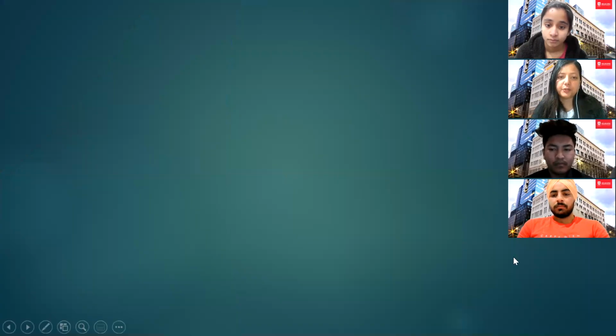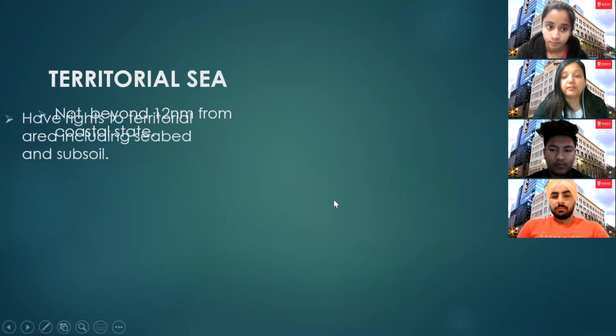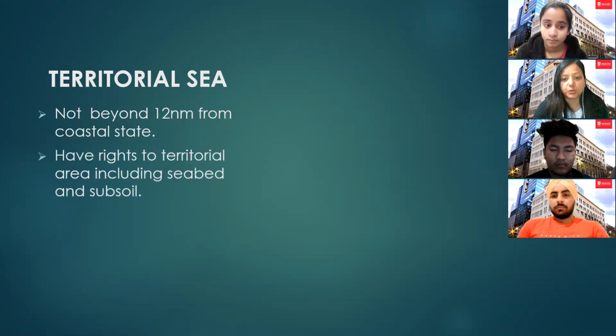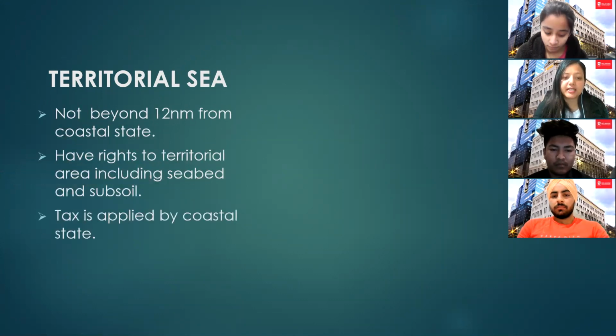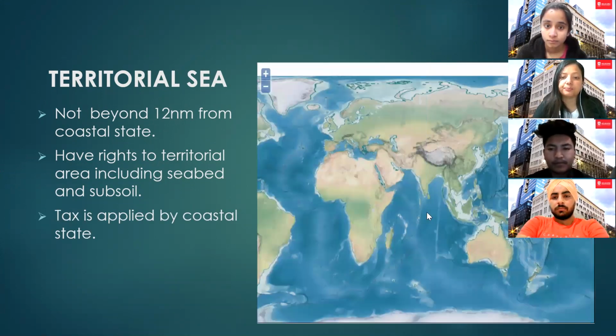Thank you, Gurpreet, for your information on the methods and the ocean zones. To continue, the first one is the territorial sea. It is a zone which does not extend beyond 12 nautical miles from the baseline of the coastal state. A coastal state has rights to the seabed, subsoil, and the airspace above. The coastal state also has the right to take all legal decisions related to this zone.